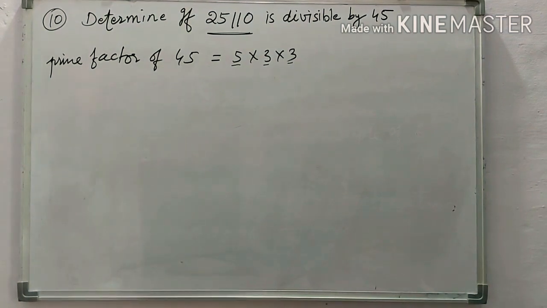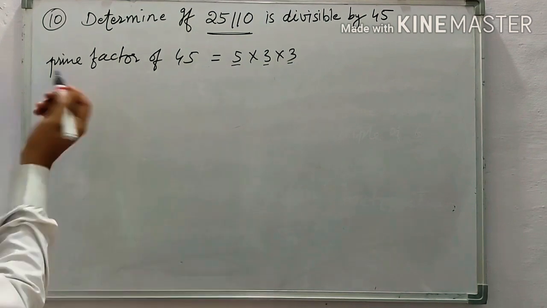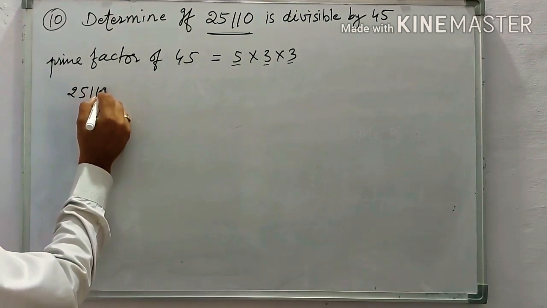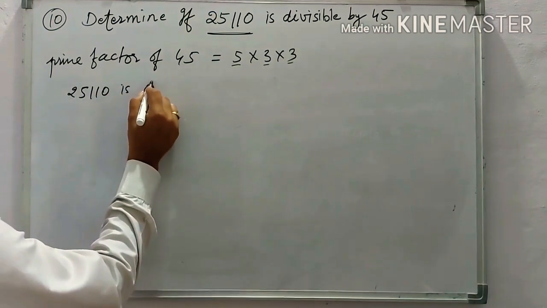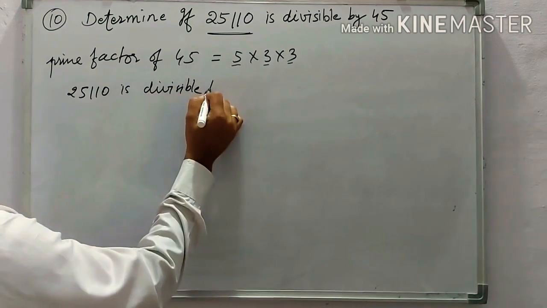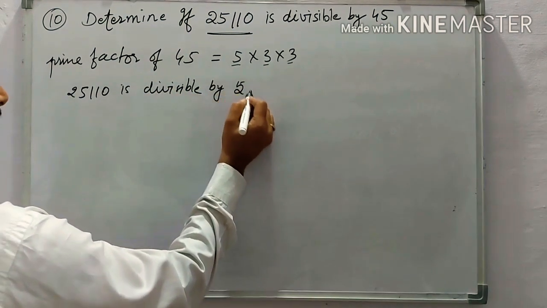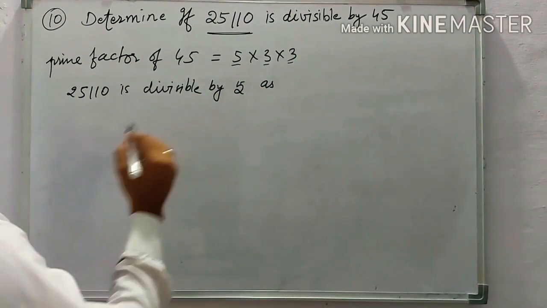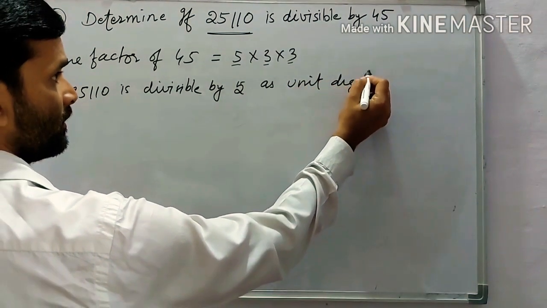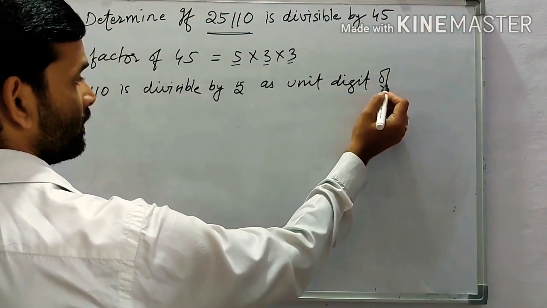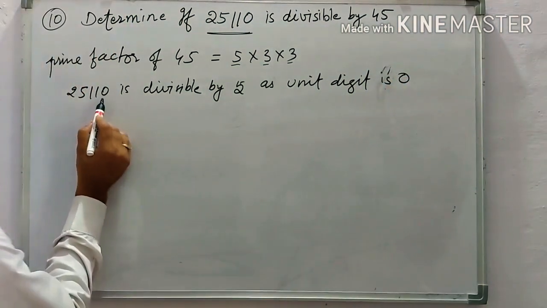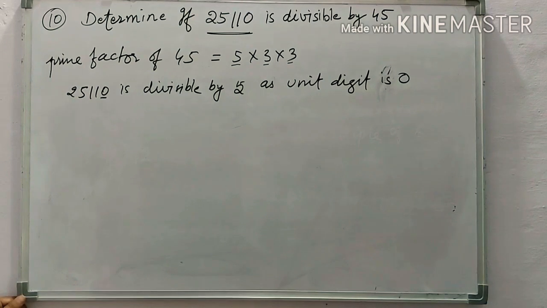Okay, first, 25,110 is divisible by 5 as its unit digit is 0, and 0 is divisible by 5.